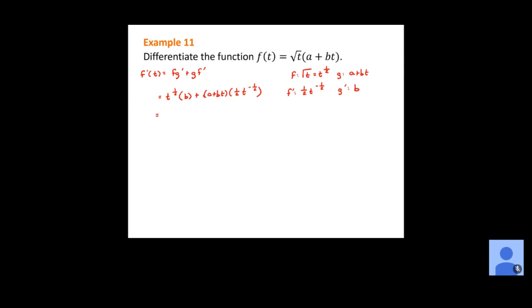All right, so now I'm just going to rearrange these terms here. So this is b times t to the 1/2 plus... Now we can distribute here, and if we do that, what are we going to get?